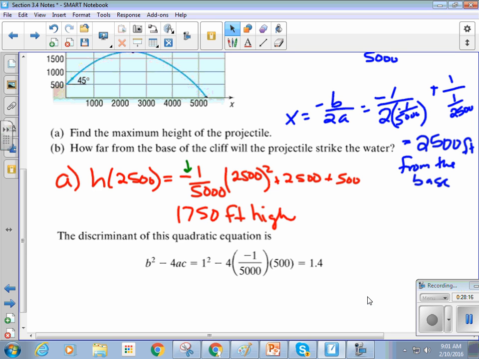So for this situation, b squared minus 4ac, b is 1, a is negative 1 over 5,000, and c is 500. You chug those numbers together, my discriminant is 1.4. When your discriminant is greater than 0, that means there's 2 solutions. Equal to 0, it's 1 solution. Less than 0, no solutions, which is why discriminant is helpful.